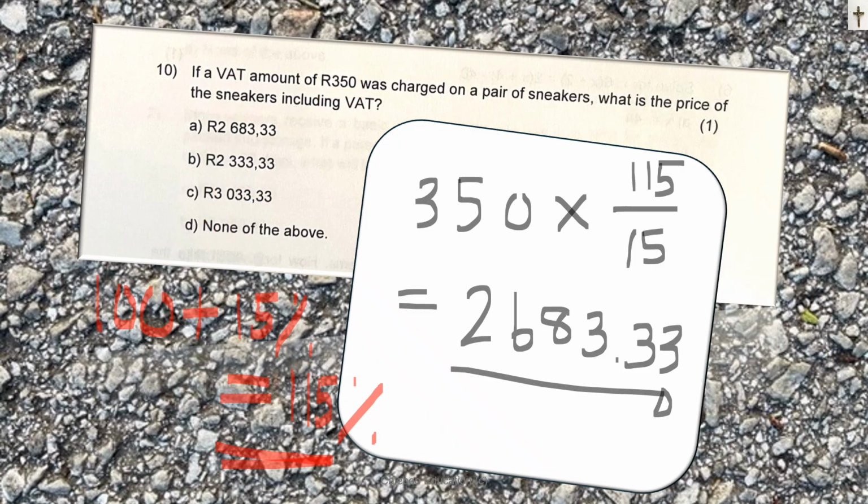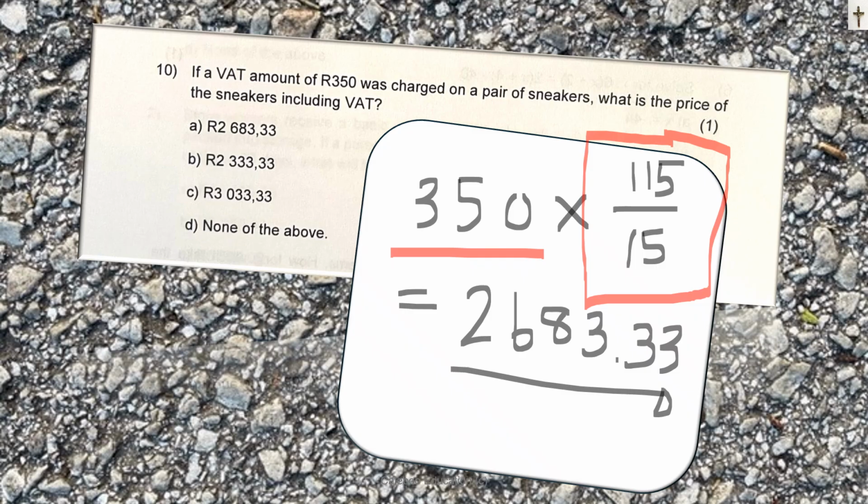So we take the VAT amount and we multiply by 115 over 15. If you don't understand this, you can learn it. We're given the VAT amount and we want to get to the full VAT inclusive amount. We multiply by 115 over 15.